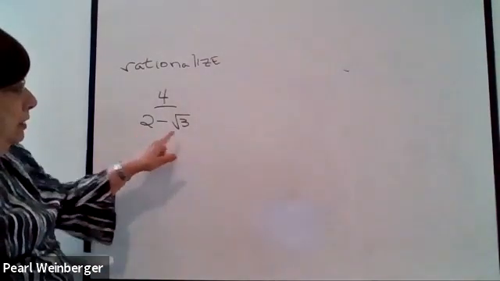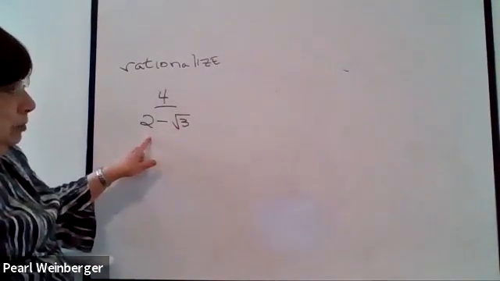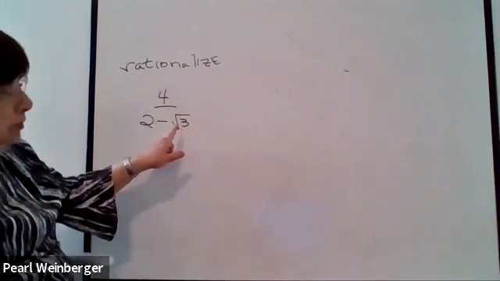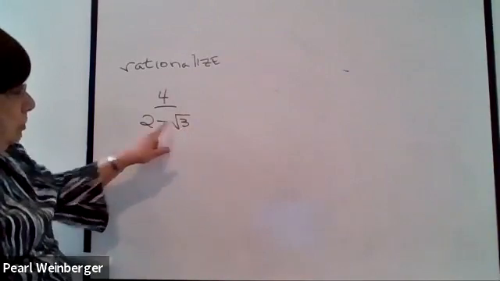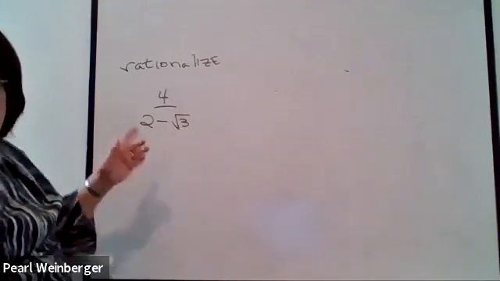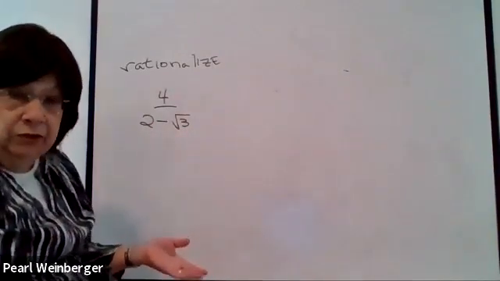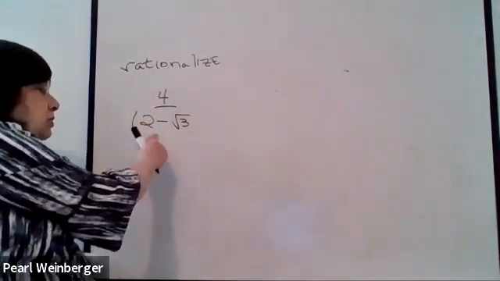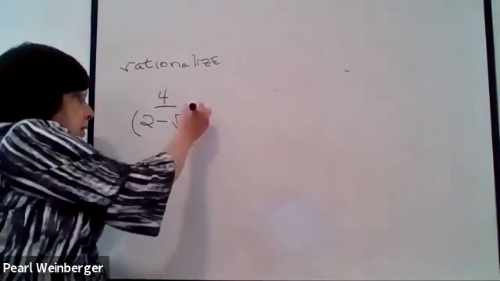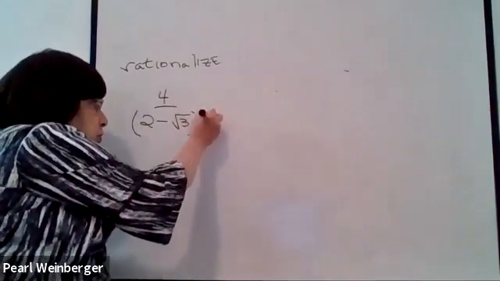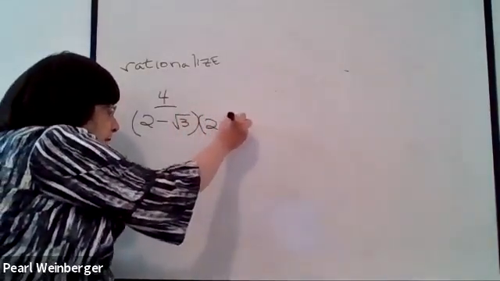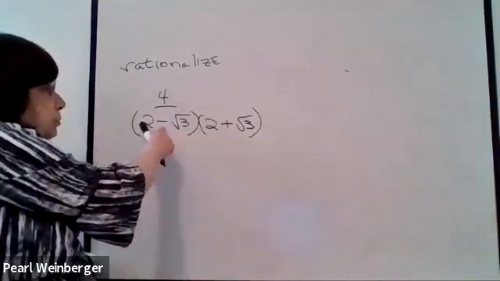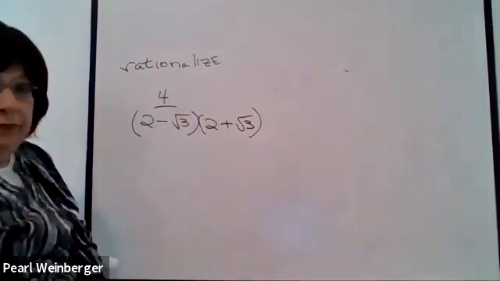So when my denominator is a binomial, don't multiply by the square root of 3, because the square root of 3, you'd have to distribute it, and then you'd have a 2 radical 3. It won't get rid of the radicals. Multiply by the conjugate. Now, what's the conjugate of 2 minus radical 3? That is 2 plus radical 3. Conjugates are identical binomials with the opposite signs.